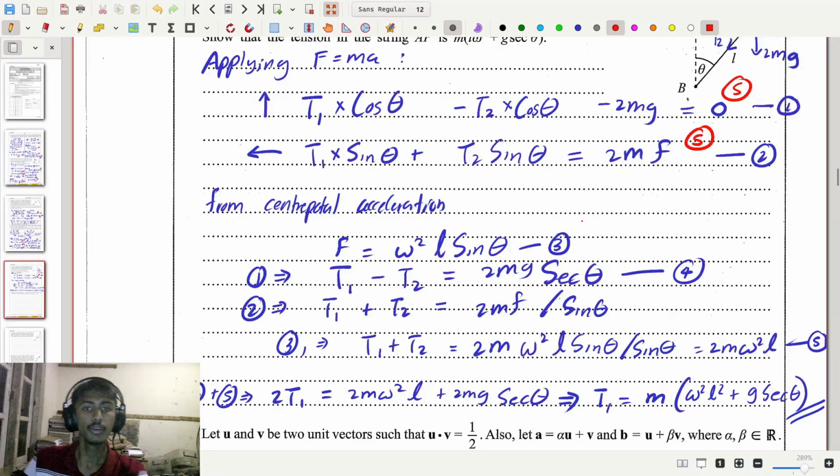Now after that, when you find the value of centripetal acceleration like so, and find that F is equal to omega squared times L sine of theta, you get another 5 marks. And from that, when you substitute into this second equation and simplify to get T1 plus T2 equal to 2 times m times omega squared times L, you get another 5 marks.